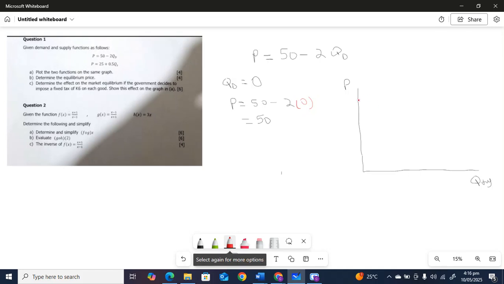So on the y-axis, you label it as 50. This is our y-intercept.